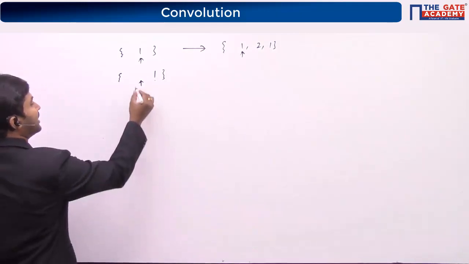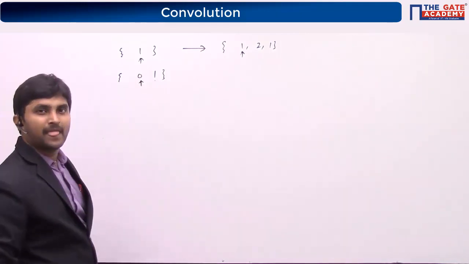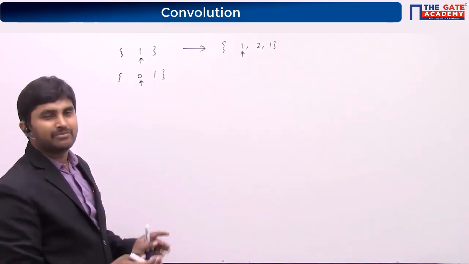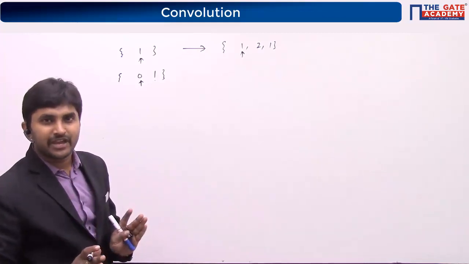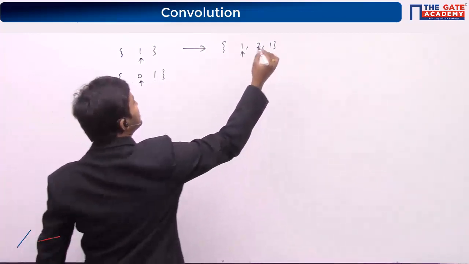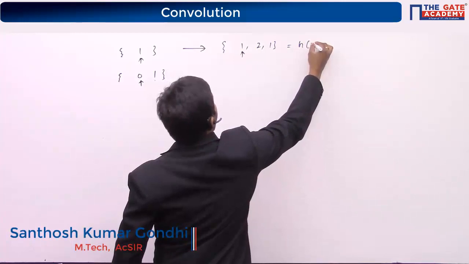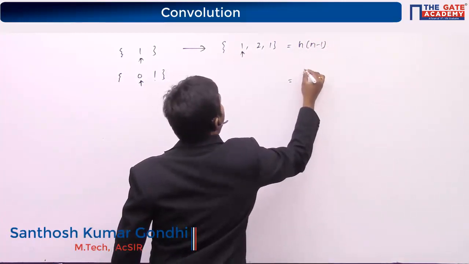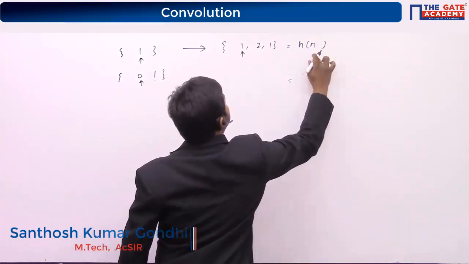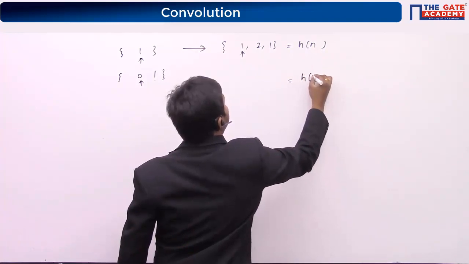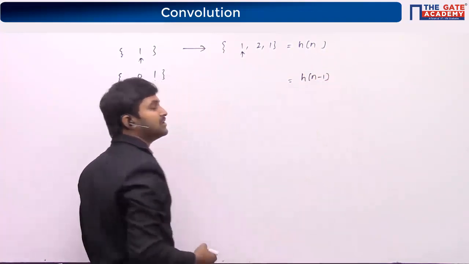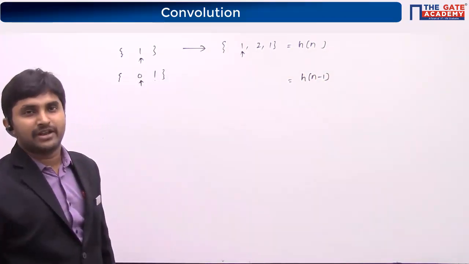If I give an input at n equal to 1, from the concept of time invariance, if this is h of n, then obviously this should be h of n minus 1.